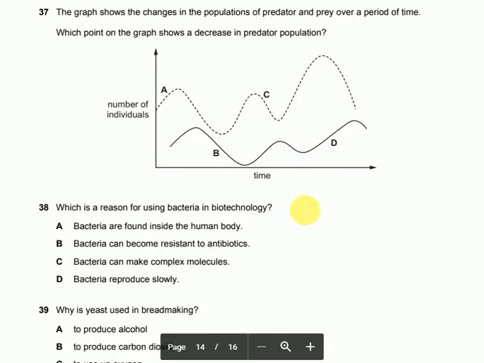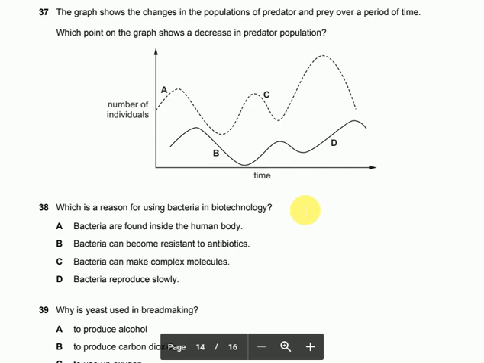37. The graph shows the changes in the populations of predator and prey over a period of time. Which point on the graph shows the decrease in predator population? I'd say it's B. I don't know how to explain this graph.